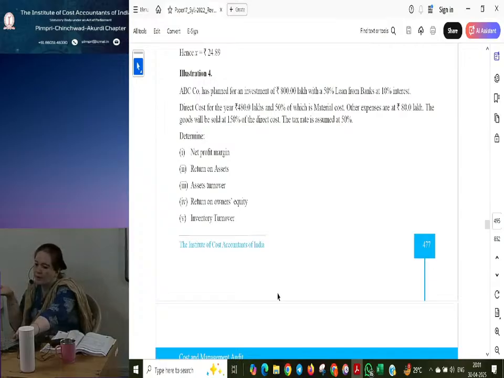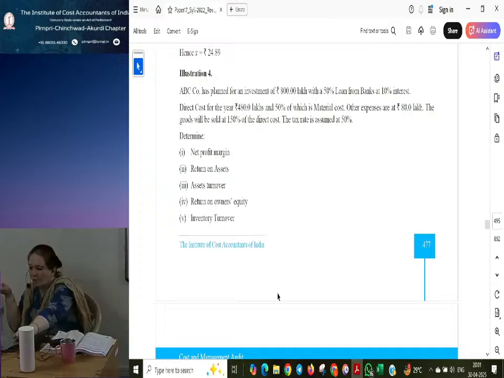So 480 into 50% comes to 240. Other expenses are 80 lakhs. So 240 plus 80, 320. The goods will be sold at 150% of the direct cost. So sales value will be 150% of 480 lakhs. The tax rate is assumed at 50%.